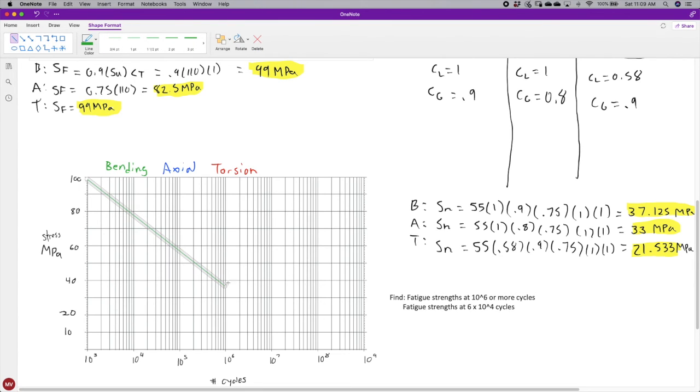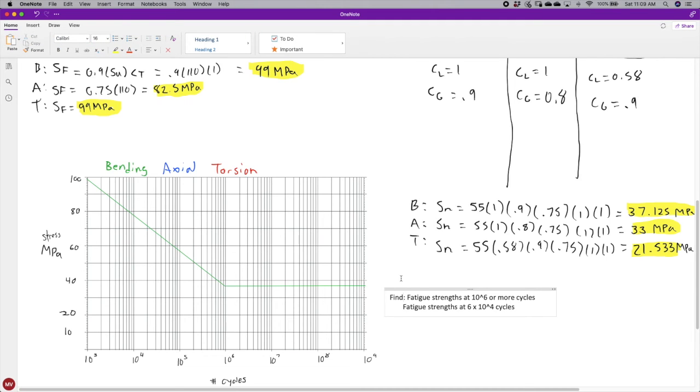Then we can draw another line connecting our endurance strength. The fatigue strength will not decrease anymore after 10 to the power 6 cycles.